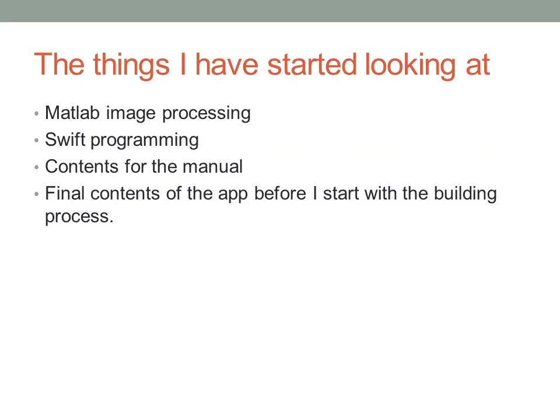So like I said, these are the things I've started looking at, which are MATLAB image processing, Swift programming, what I need for the Swift programming, and contents for the manual. At the end of the project, I'm aware that we need to have an owner's user manual and a programmer's manual. So I'm also coming up with a content page for the manual so that I can slowly add in the contents on what needs to go in.